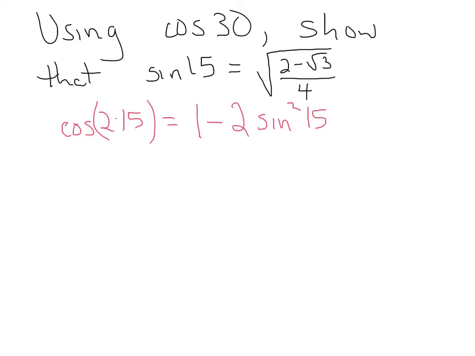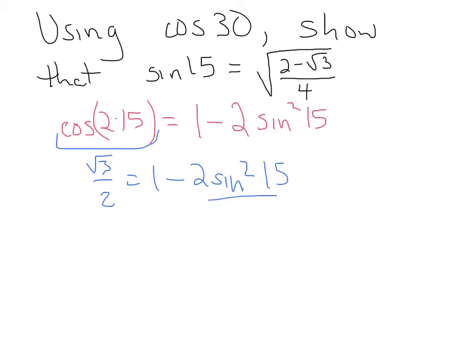And now we happen to know what cosine of 30 is. The cosine of 30 degrees is the square root of 3 over 2. And we can now solve for the sine of 15. I'm actually going to move this over to this side and move that over here.